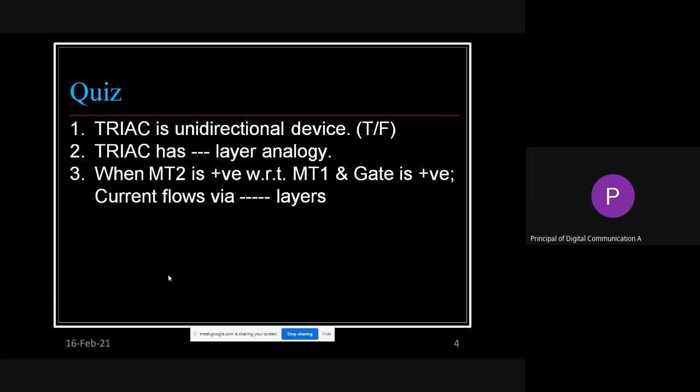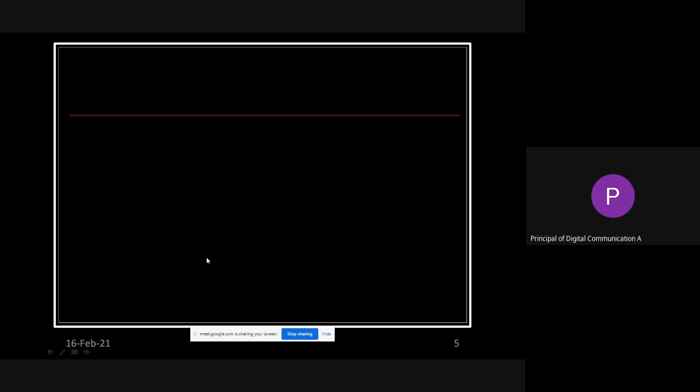And the third one, which many students answered, I don't remember exactly, but the correct answer is P1 N1 P2 N2, which we saw yesterday in the PPT. Very good for sharing your answers.